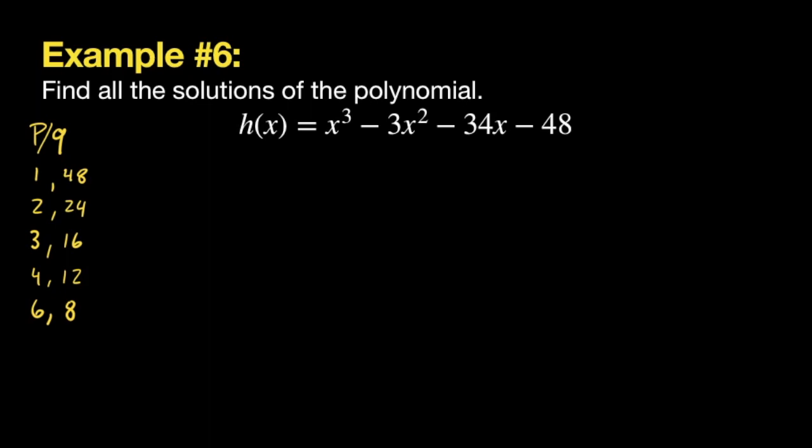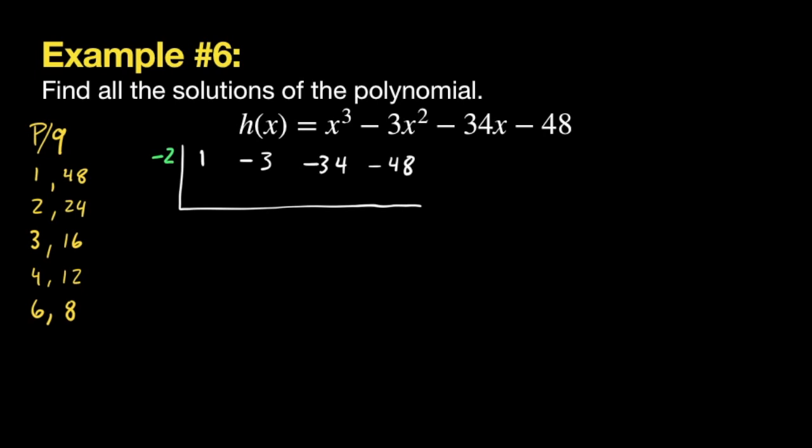Now, we're going to, once again, start with synthetic division. So we're going to write 1, negative 3, negative 34, and negative 48. The first number that we're going to try is negative 2.